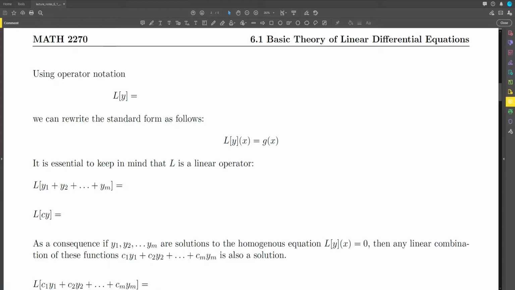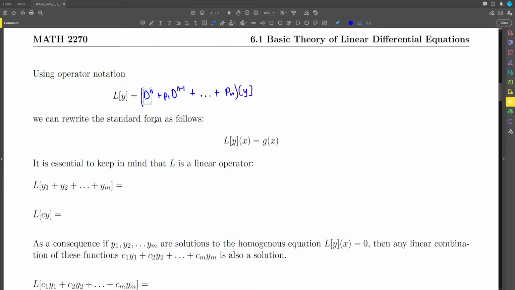So we will let L, the differential operator L acting on y, be defined by the nth derivative of y, plus p1 times the (n minus 1)th derivative of y, plus dot dot dot, plus p sub n, all of this acting on y.